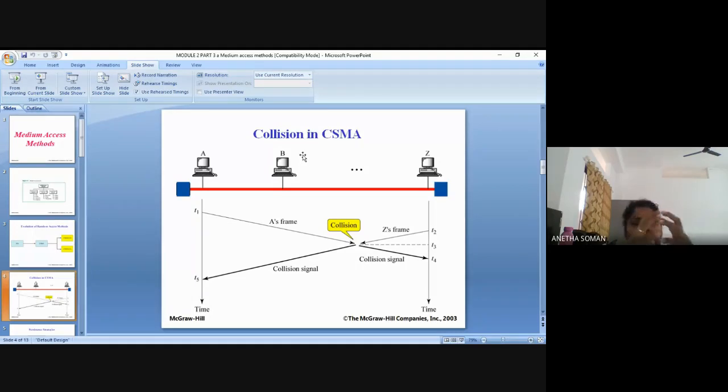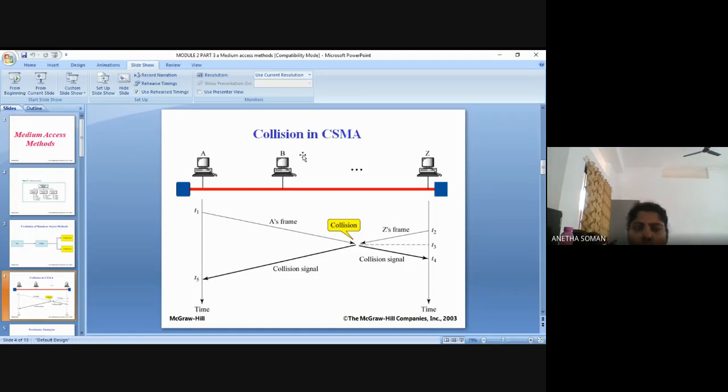When only the multiple access method existed, whichever station wanted to transmit would just transmit without sensing anything, whatever data it had to send. But there was some drawback in that, so CSMA was developed, in which you can minimize the chances of collision and also increase the performance.